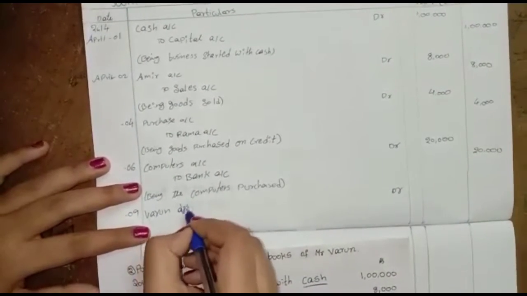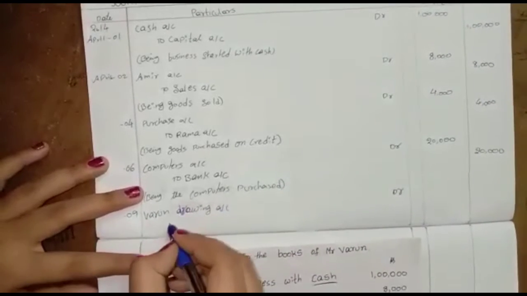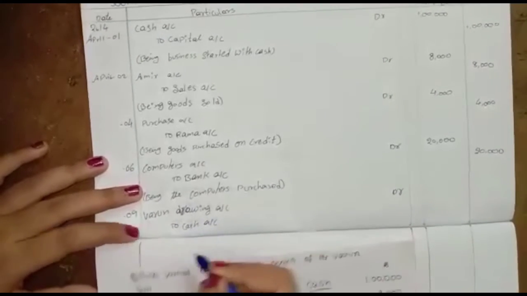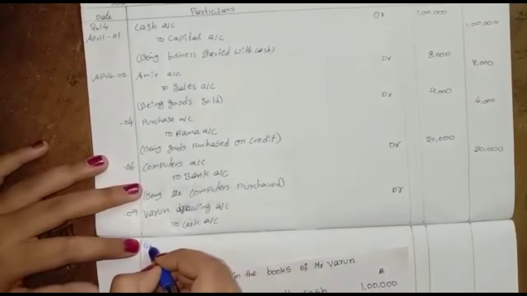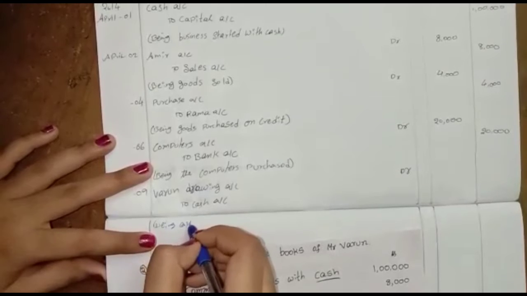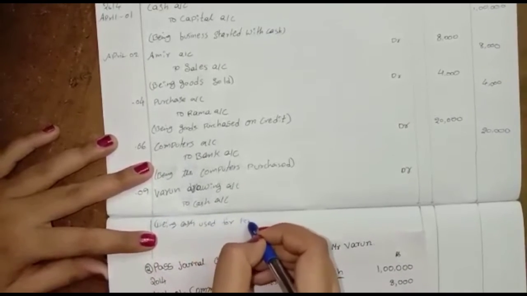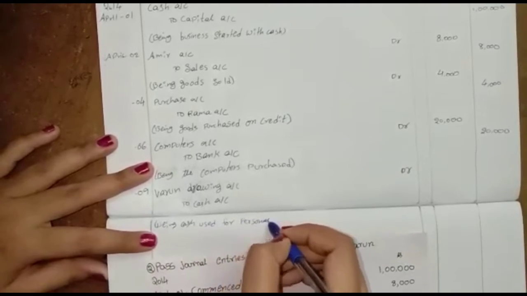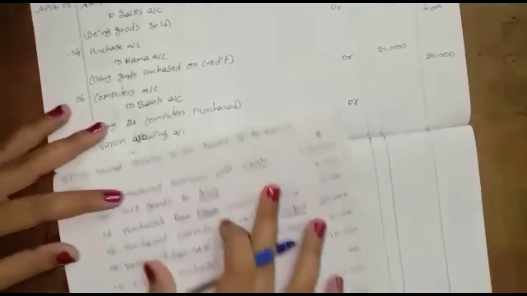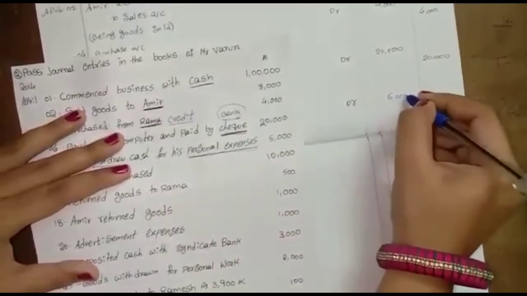Varun drawings account, debtor to cash account. The narration is being cash used for personal expenses. The amount is 5,000.